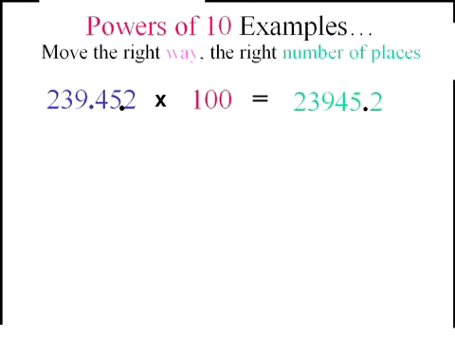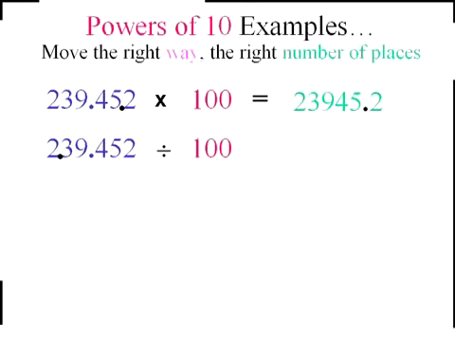We just moved over 2 places to the right. In this problem, it's very similar, but we're dividing. So we're still going to move over 2 places, but we're going to go the other way. And the answer, quite quickly, will be 2 and this decimal.